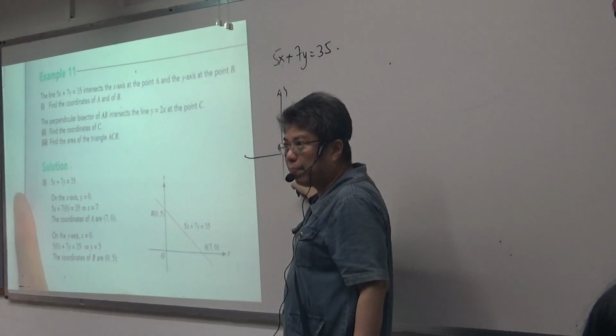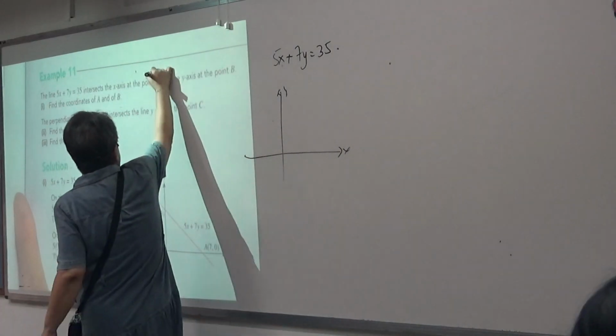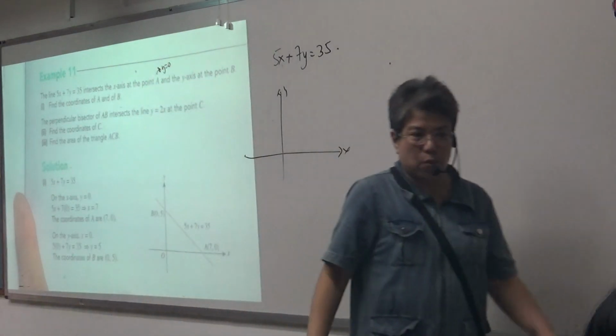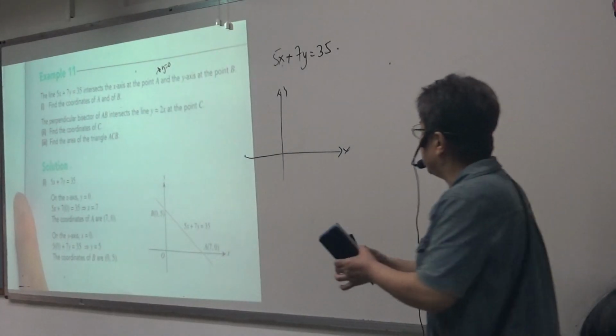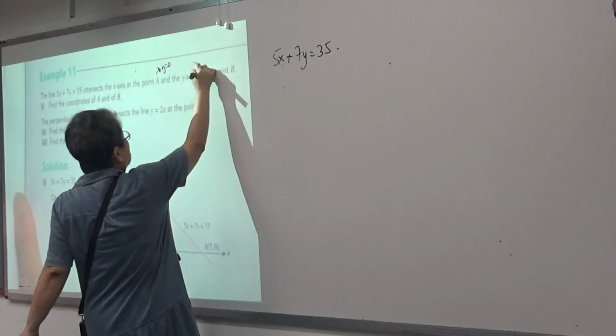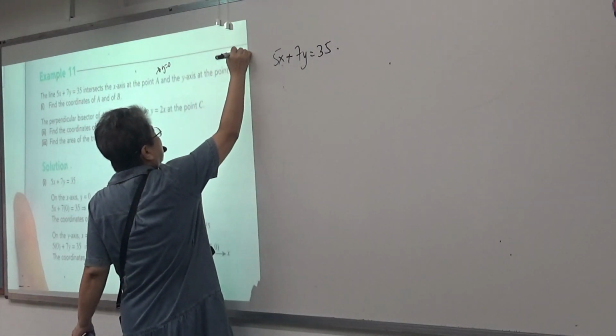Y is 0, right? Correct. That means at this part, y is 0. How about at point B, where it intersects the y-axis? X is 0. Agree? Agree first? Okay, alright. So this one x is 0.